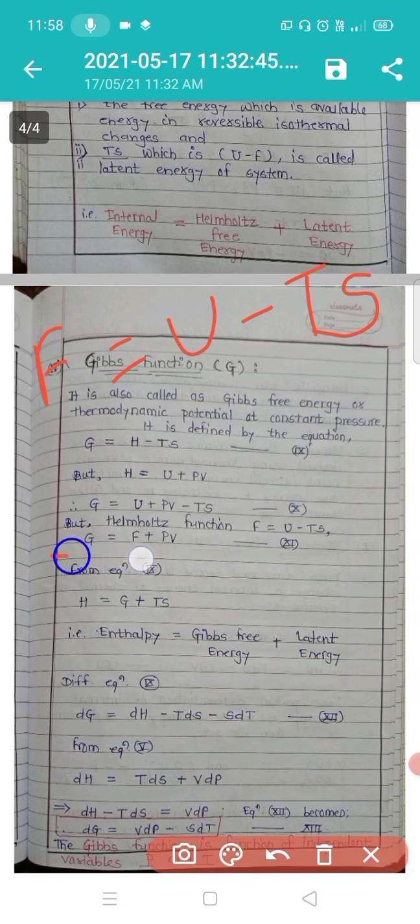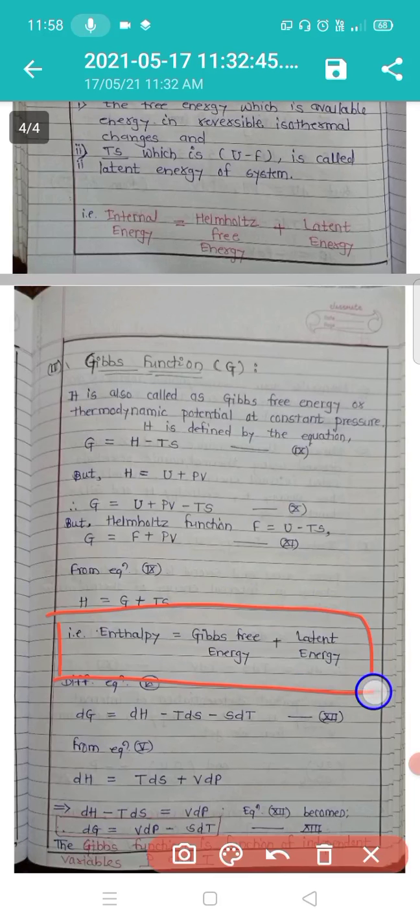Hence we get G = F + PV. From the equation we get H = G + TS, that is, enthalpy is equal to Gibbs free energy plus latent energy.